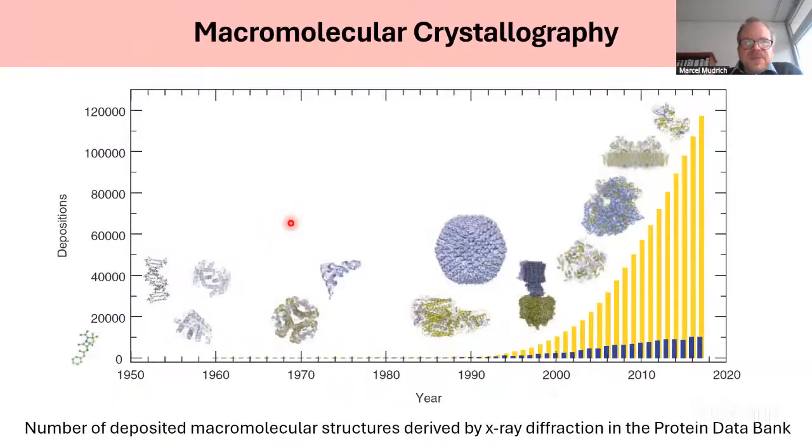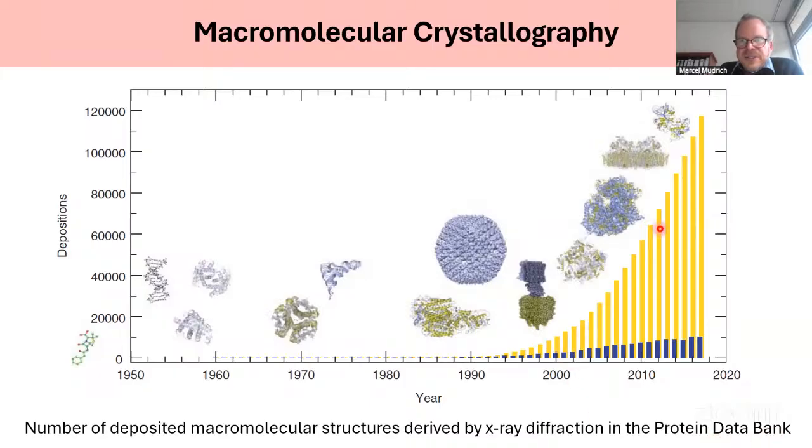And yeah, in this way, since this is really the most important application of X-ray beams overall, it's interesting to see what has been achieved. So this shows here the number of deposited macromolecular structures, and mostly protein structures, in the Protein Data Bank. So there's this international database that contains basically all the information about the known proteins.